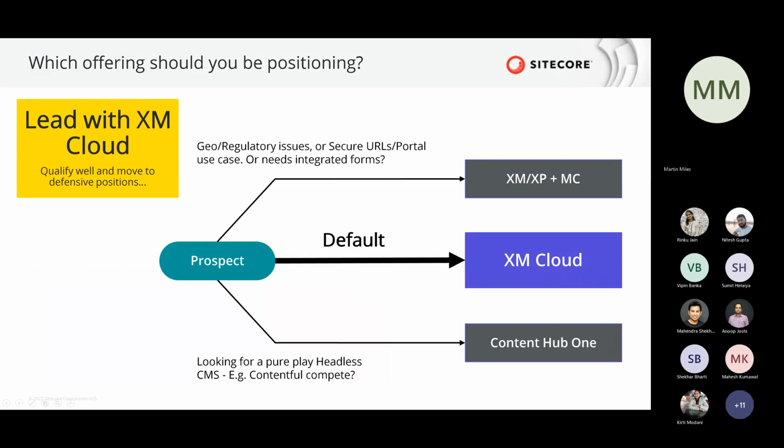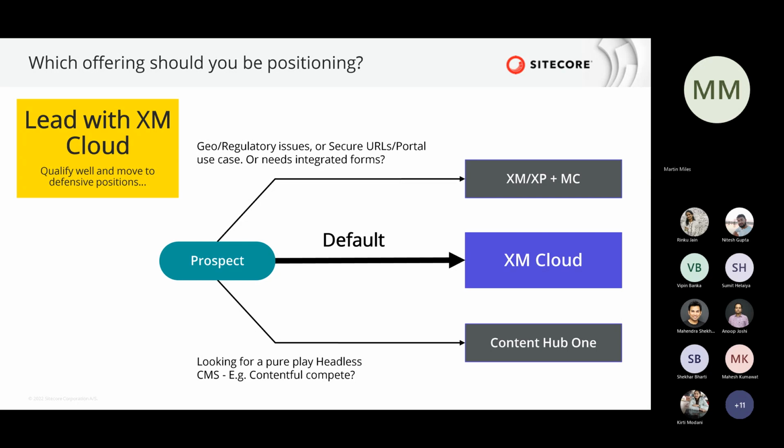The next slide is for those of you who are more on a sales path. So what is the offering from Sitecore, and the way they position it now is that the default way of selling products today is XM Cloud.